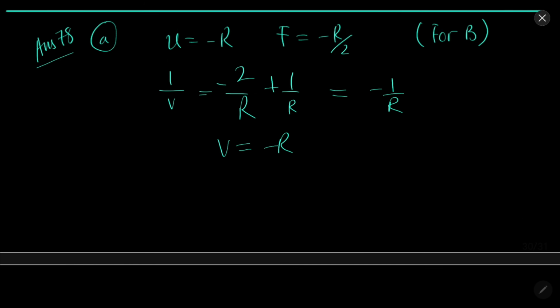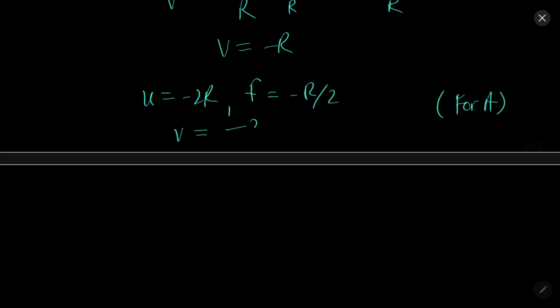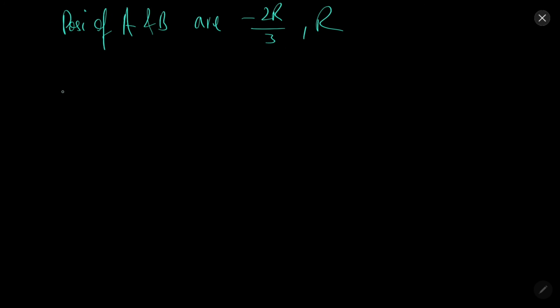And for block A, u will be minus 2r, f will be minus r by 2. So it will give us v to be equal to minus 2r by 3. Position of A and B are minus 2r by 3 and r.